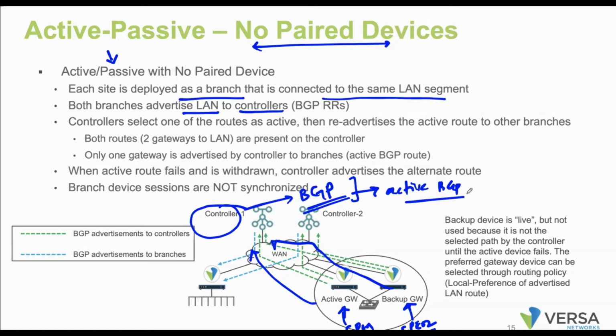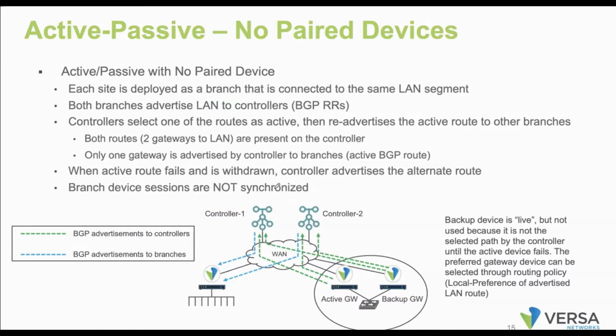One active BGP route. Now this active BGP route will be updated to the remote branches. Only the active BGP route will be updated to the remote branches. Now in order to reach the remote branches, the branch will have only one tunnel. Okay, so it will be always forwarding the traffic towards the active gateway. Okay.